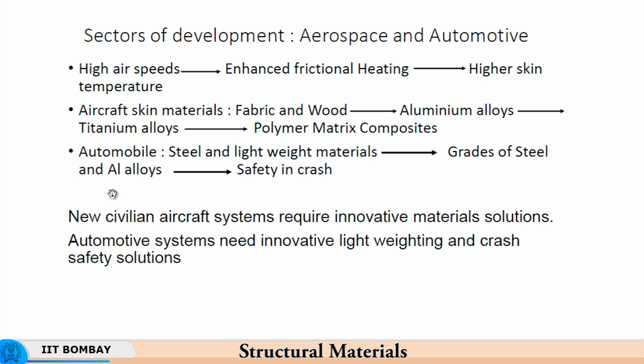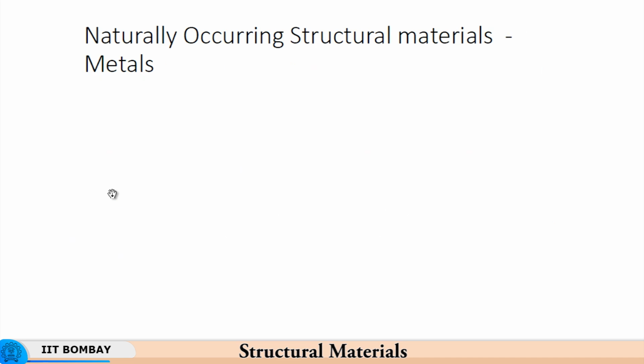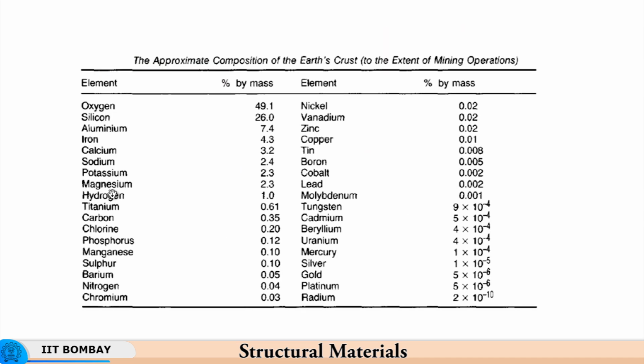Composites are artificial materials, where we take into account the different benefits of each of a variety of materials, be it metals or non-metals. So these are some of the naturally occurring materials.